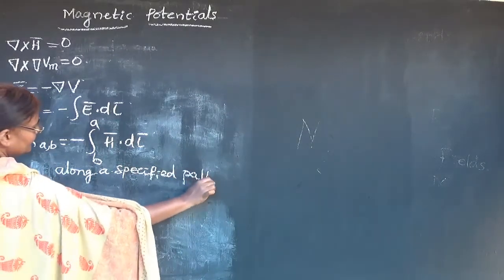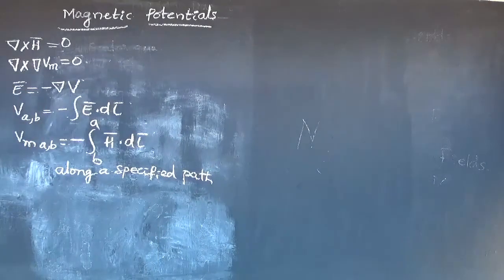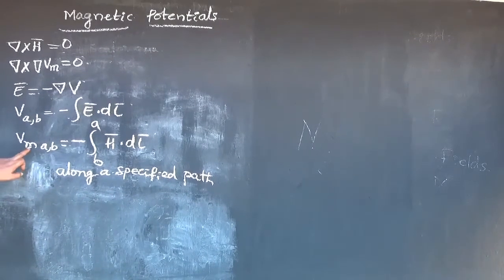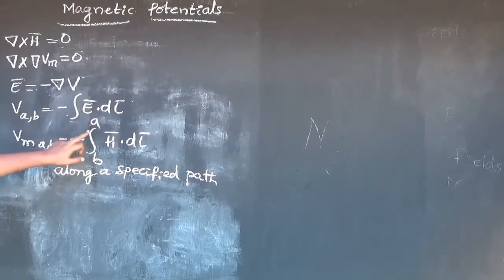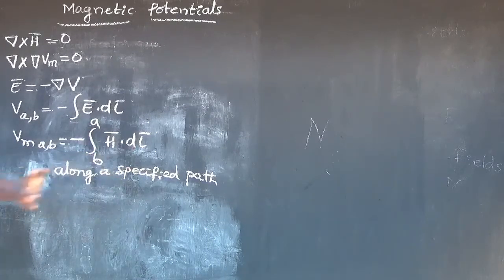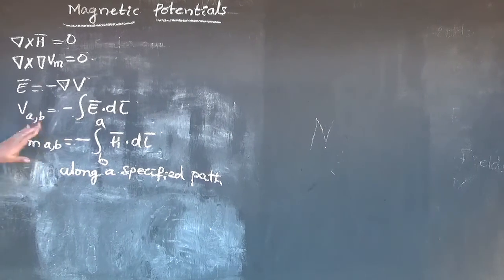That means if you take a path or line, along that line the magnetic potential is nothing but the integral from A to B of H bar dot dl bar. So this is about the scalar magnetic potential.